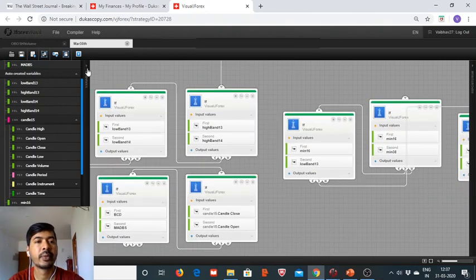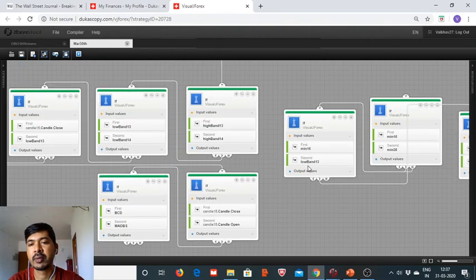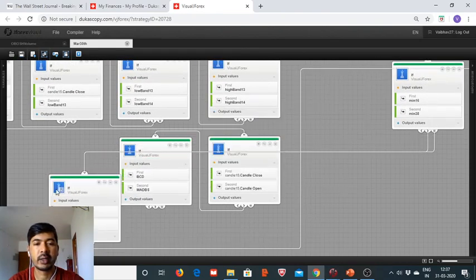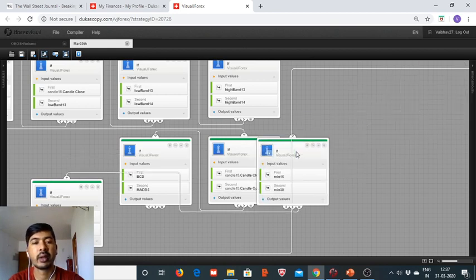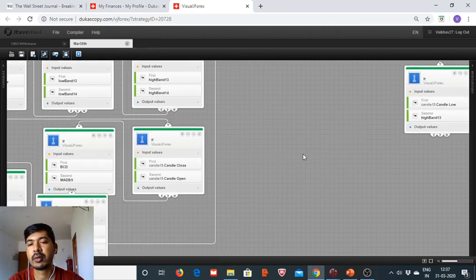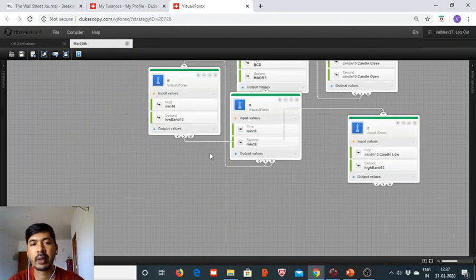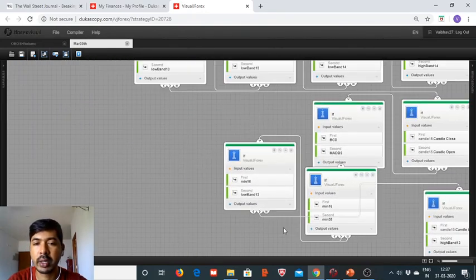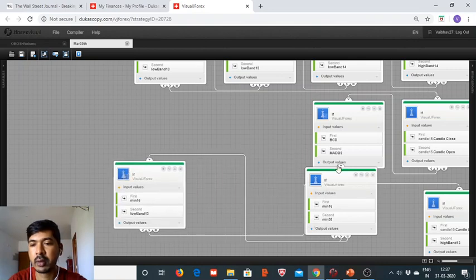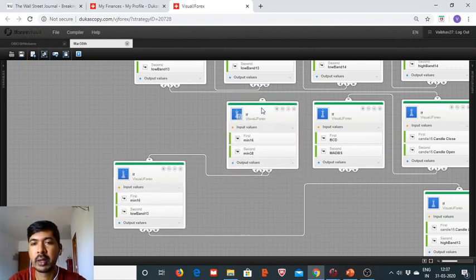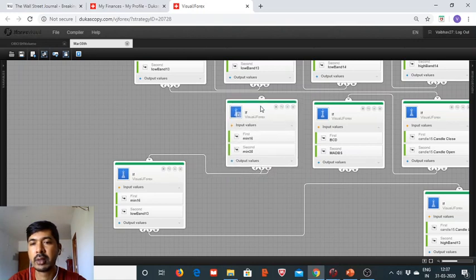So we finish the setup here, and let us first connect these blocks, and then we will wrap it up, and then we will be back tomorrow again adding more conditions to optimize our entry and the exit.